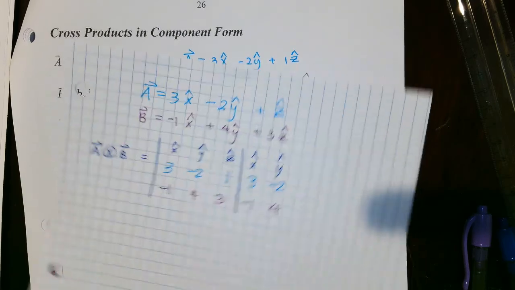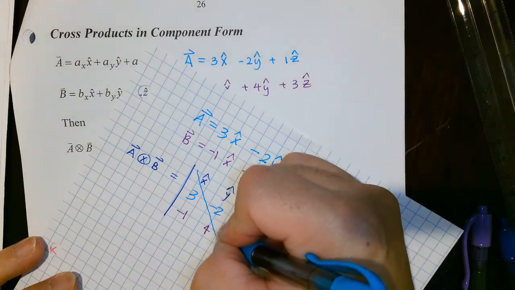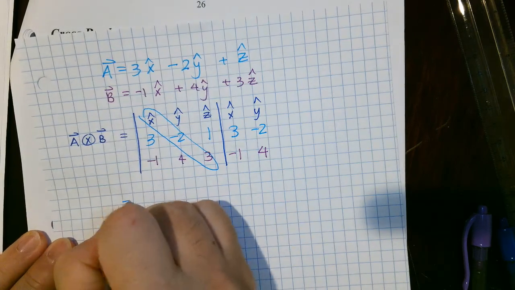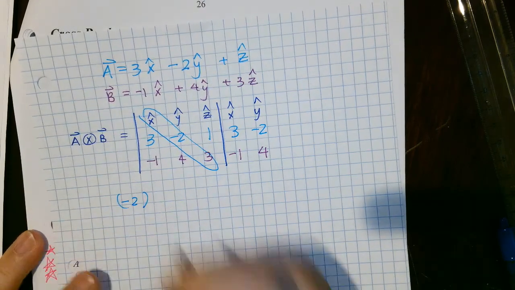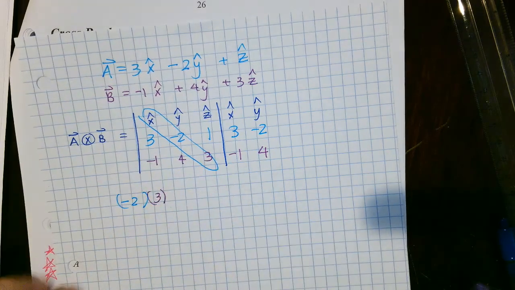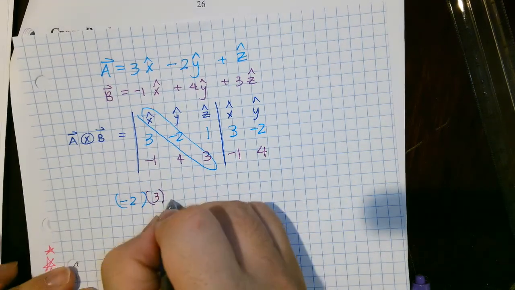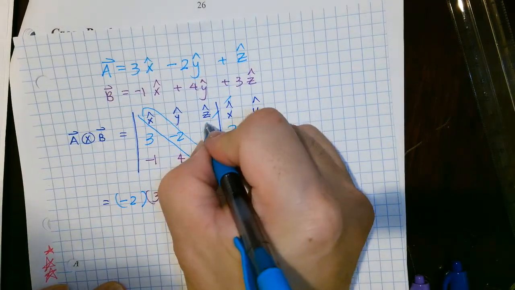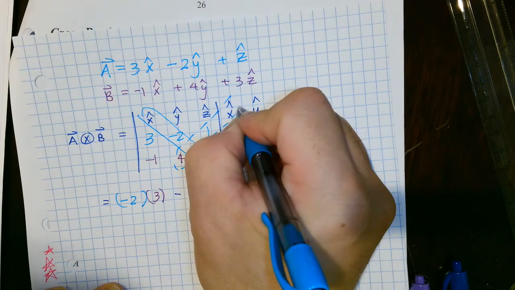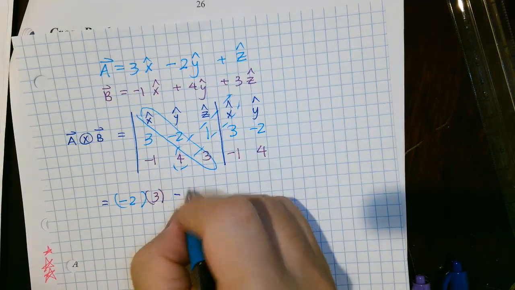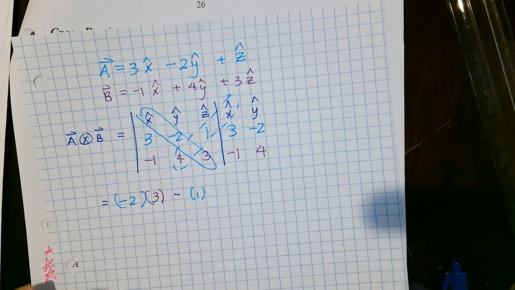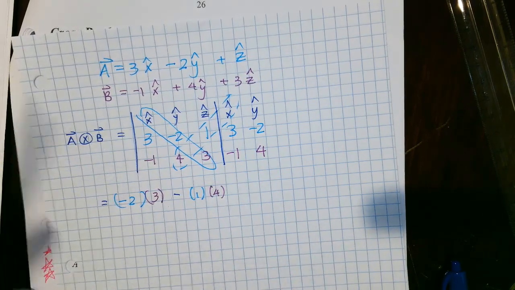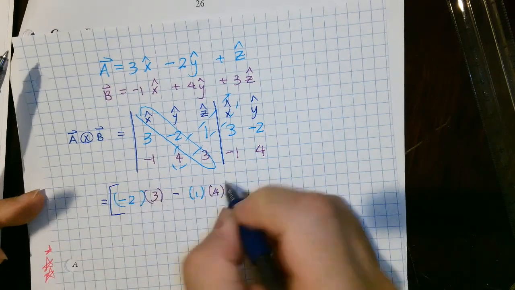Then I will use this, okay? So it'd be -2 times 3 minus 1 times 4, right? That would be the x hat.